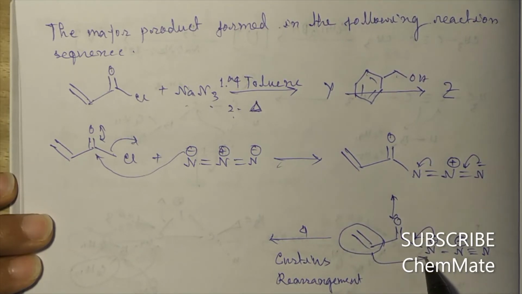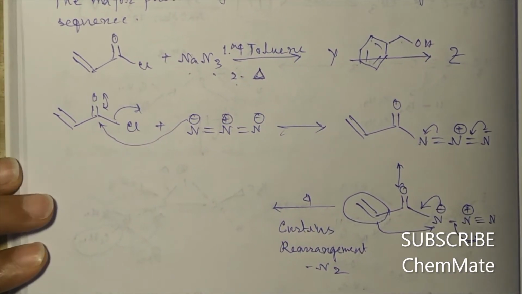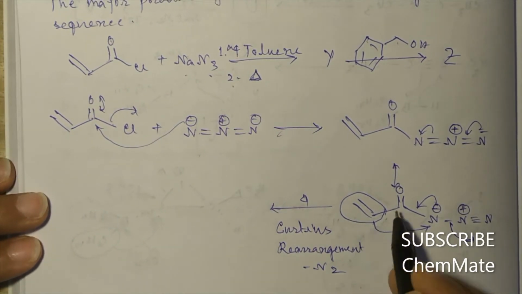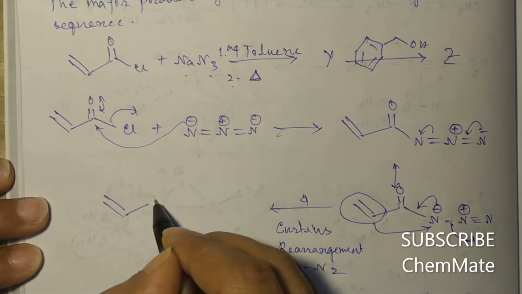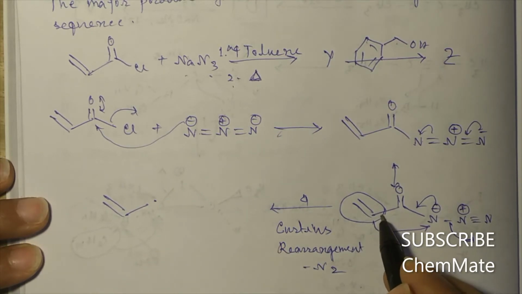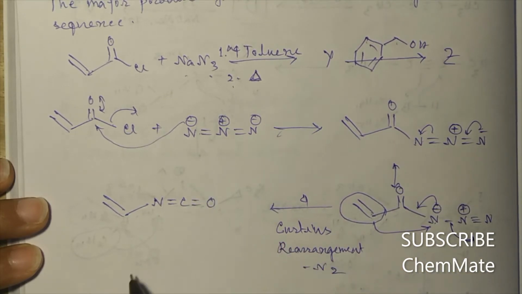This group will migrate here and N2 will eliminate, minus N2. So an isocyanate intermediate, an alkyl isocyanate intermediate will form. This carbon will be bonded to N double bond C double bond O.